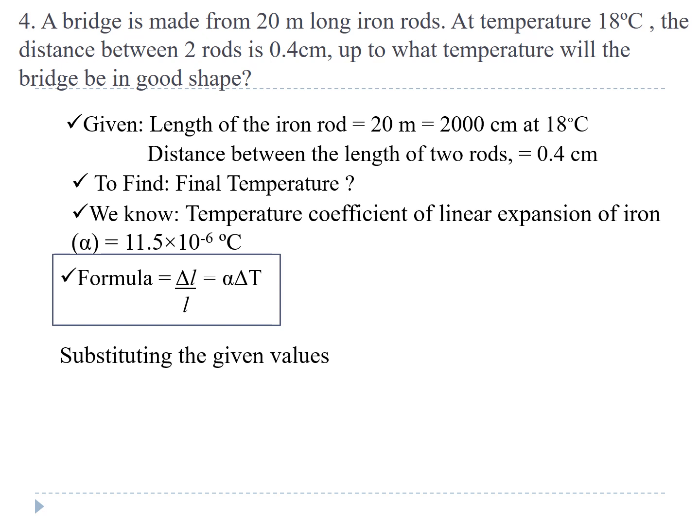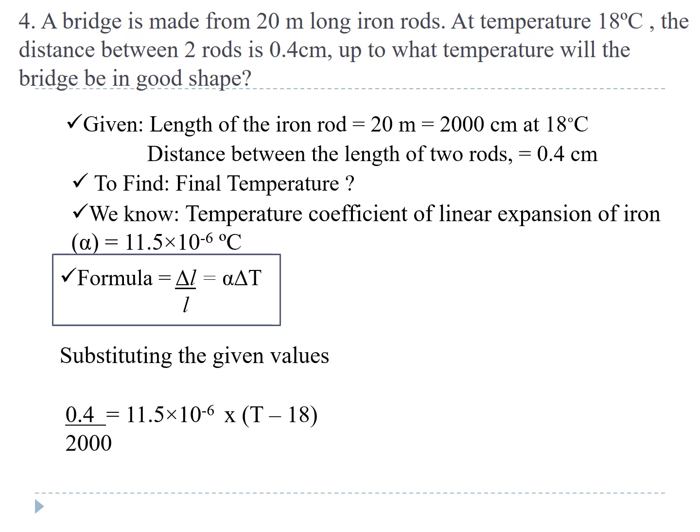Okay, so 0.4 is delta L. So we will write 0.4 divided by, what is the length that we have got in centimeter? It is 2000. So that comes in the denominator. Okay, is equal to, I told you alpha value already, that is 11.5 into 10 raised to minus 6 into delta T. Now delta T we know is nothing but the final temperature minus the initial temperature.